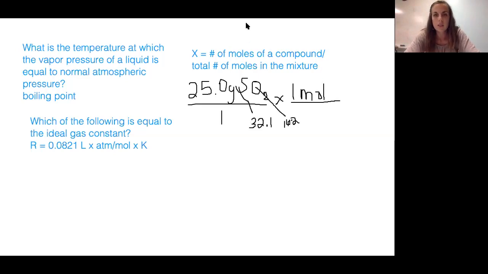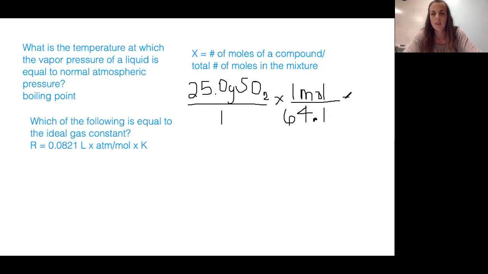Okay, so let me just erase all of that. I just wanted to show you how I got it. 64.1 grams in 1 mole of SO2.